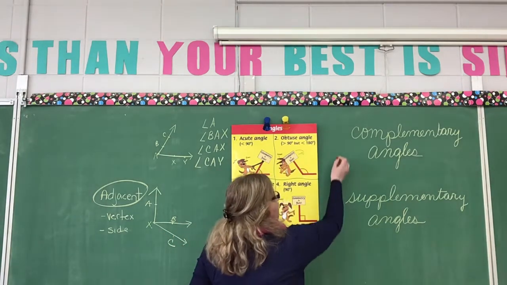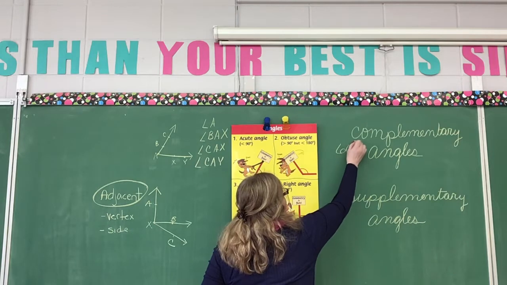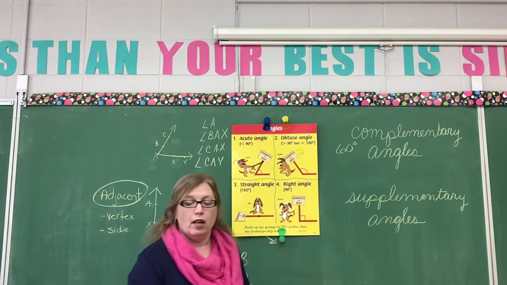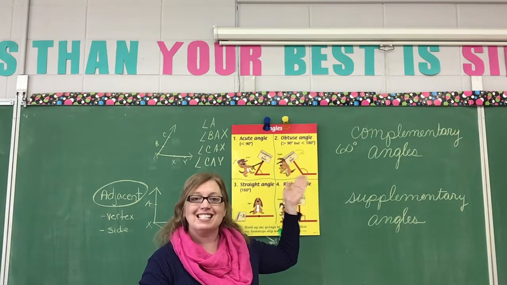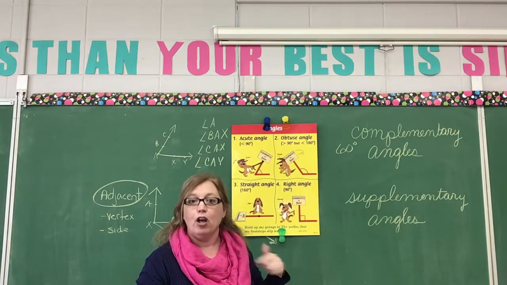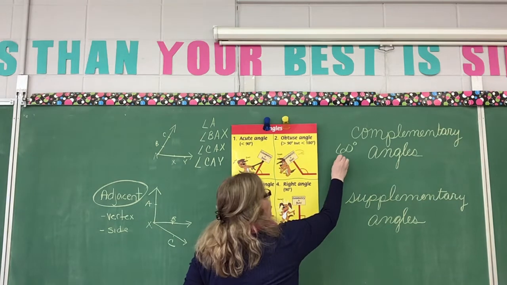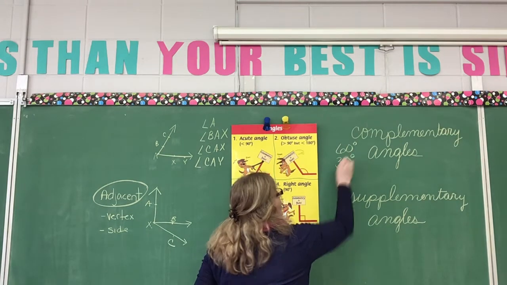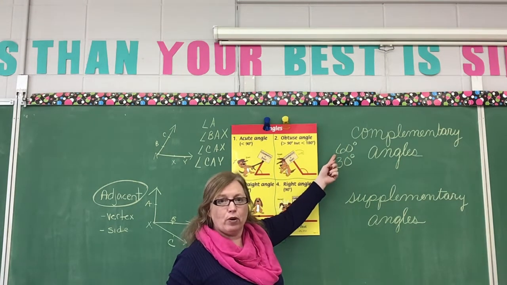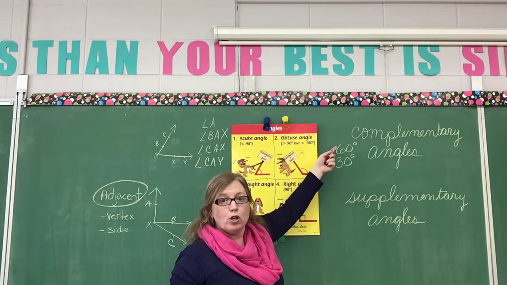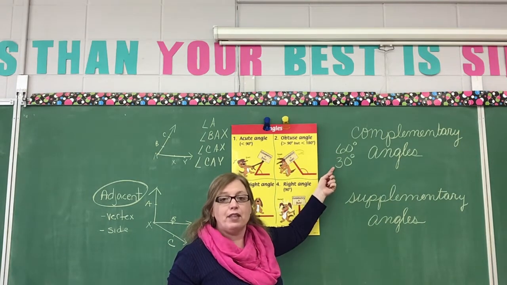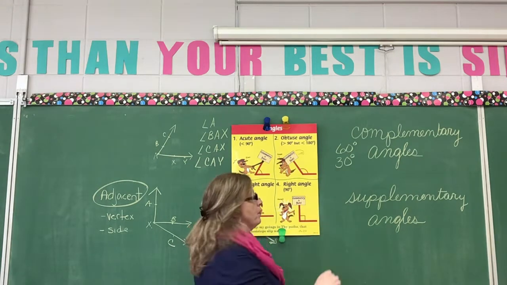So if I have a 60-degree angle and I want to know the complementary angle, what plus 60 gives me 90? 30. So I know that a 60-degree angle is complementary to a 30-degree angle because when I add them together, they equal 90, okay?